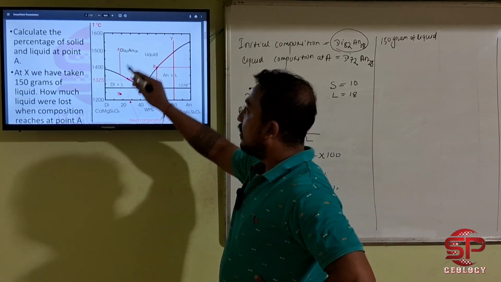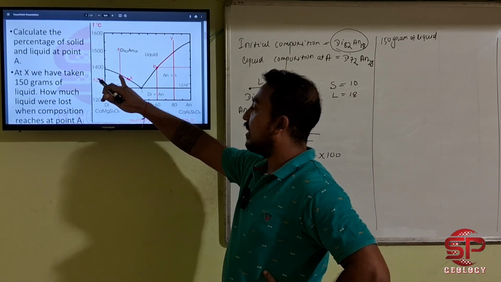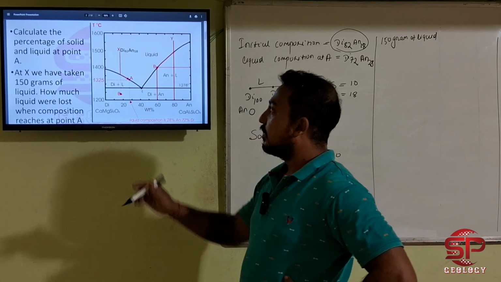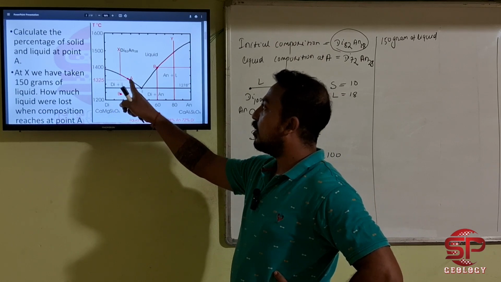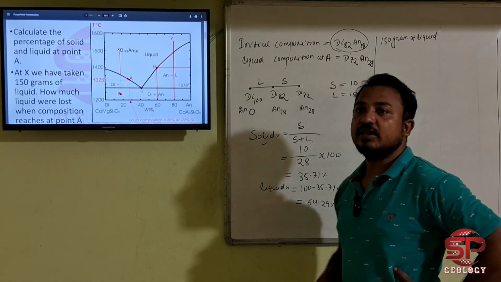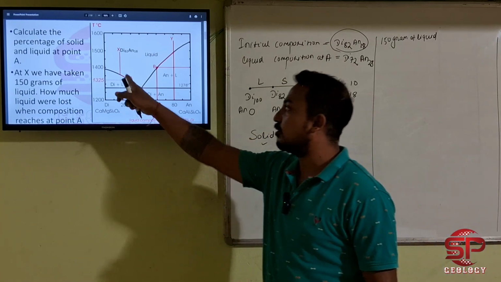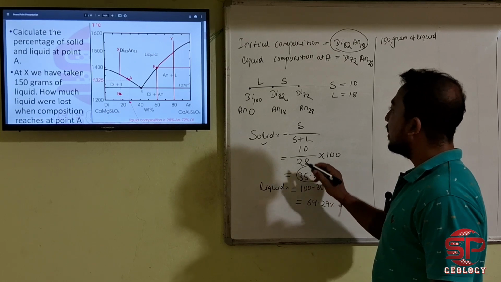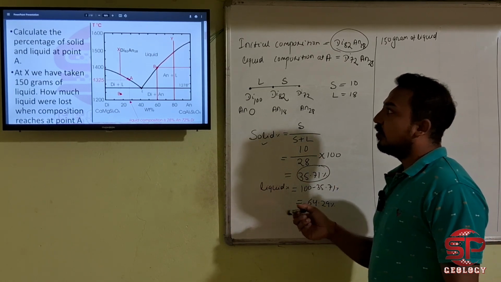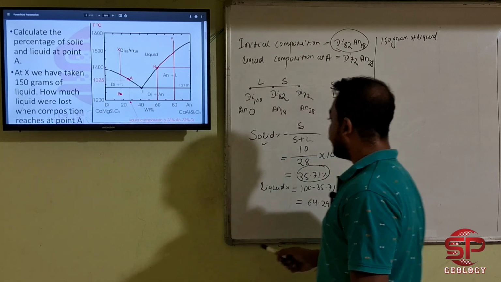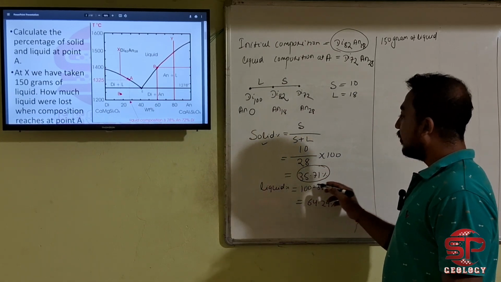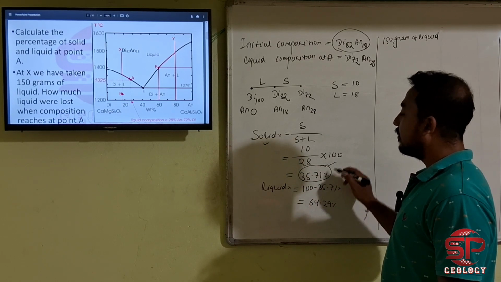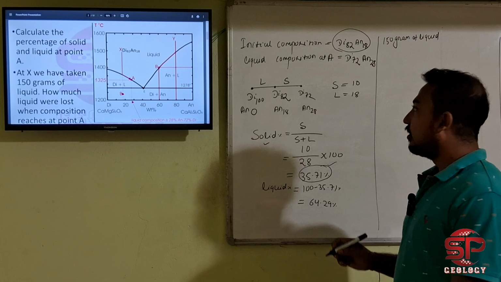If this is the initial composition, the crystallization will begin at this point when it touches the liquidus. From this point to this point only diopside will crystallize. So the amount of liquid lost from this point to this point is equal to the diopside crystal formed. Here we have calculated that 35.71% of diopside is formed from this point to point A. That means from the total melt, 35.71% solid is formed and this much liquid is lost.